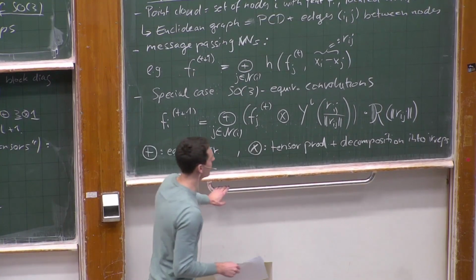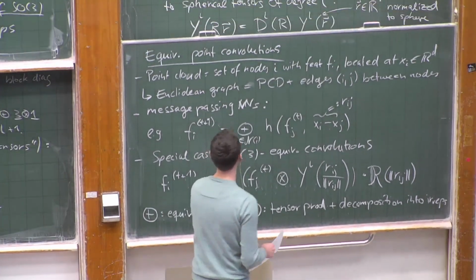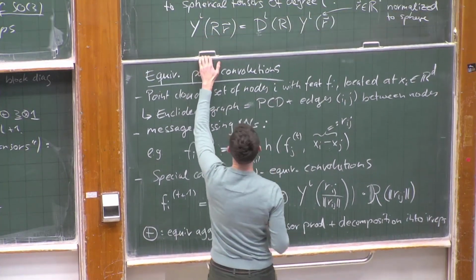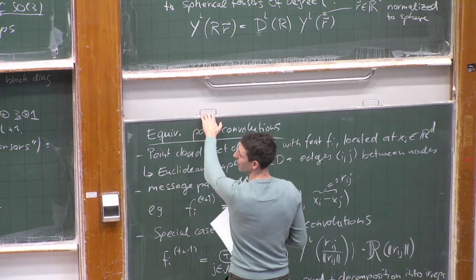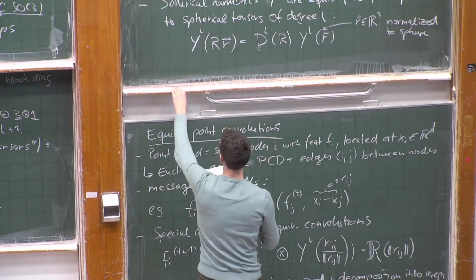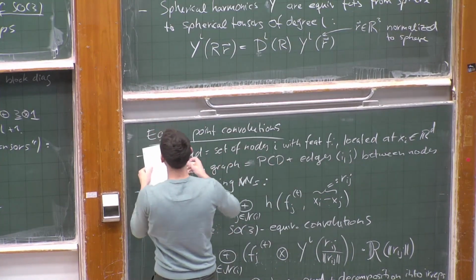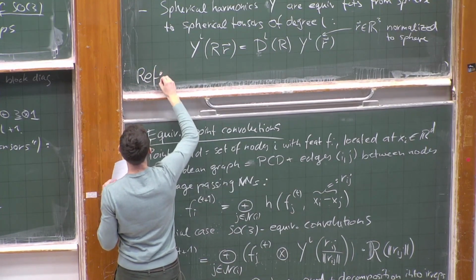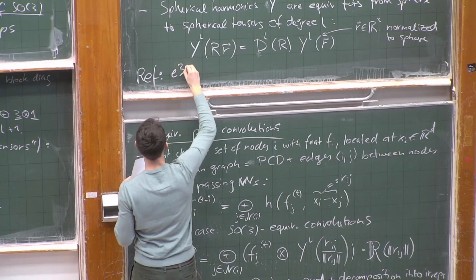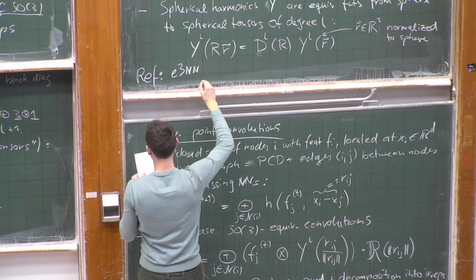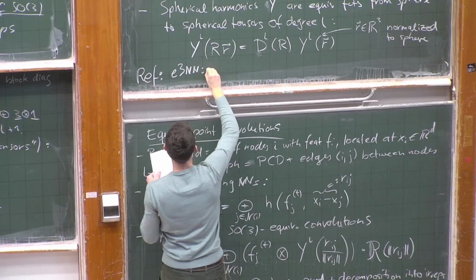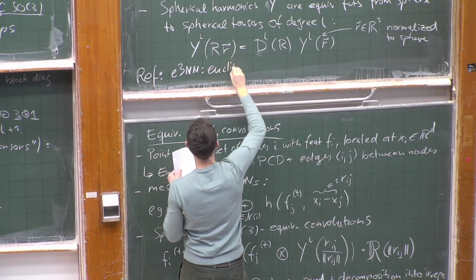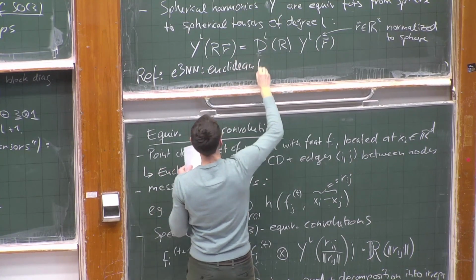So the question was if I could provide some additional reading material. I will give you 2 references for the lecture for today. Then I will give the summary. So one would be E3NN, Euclidean neural networks.